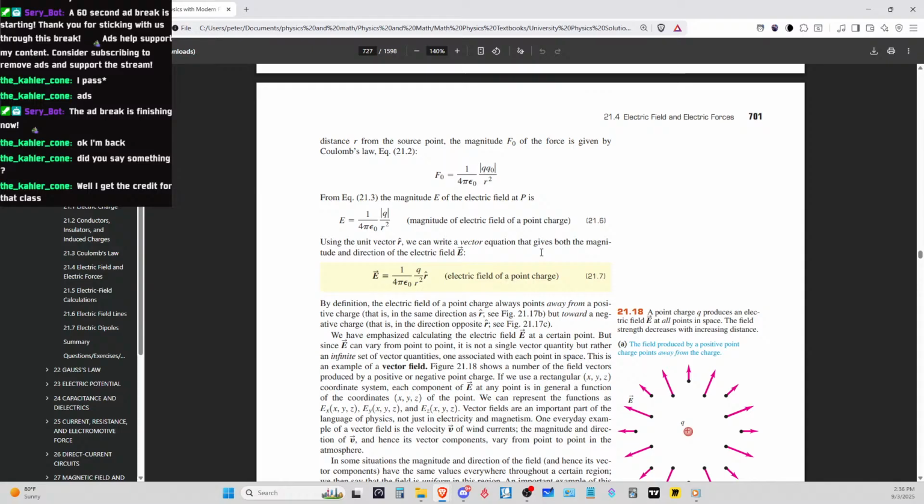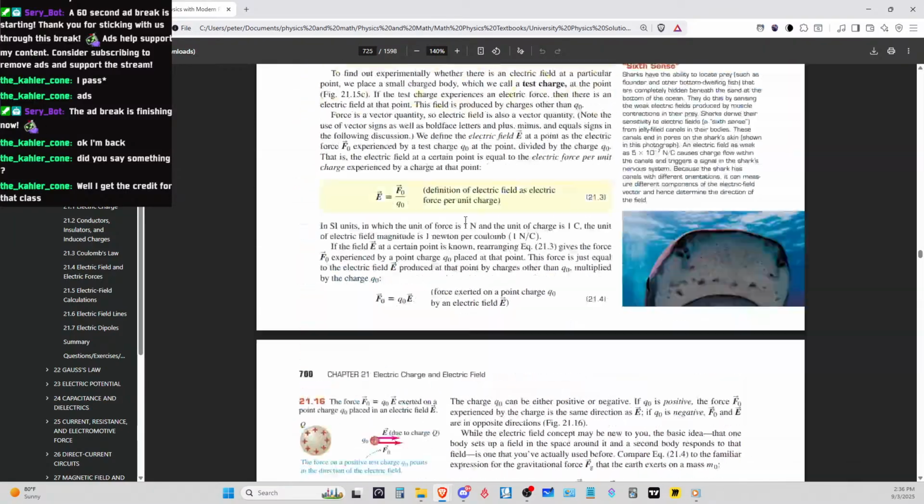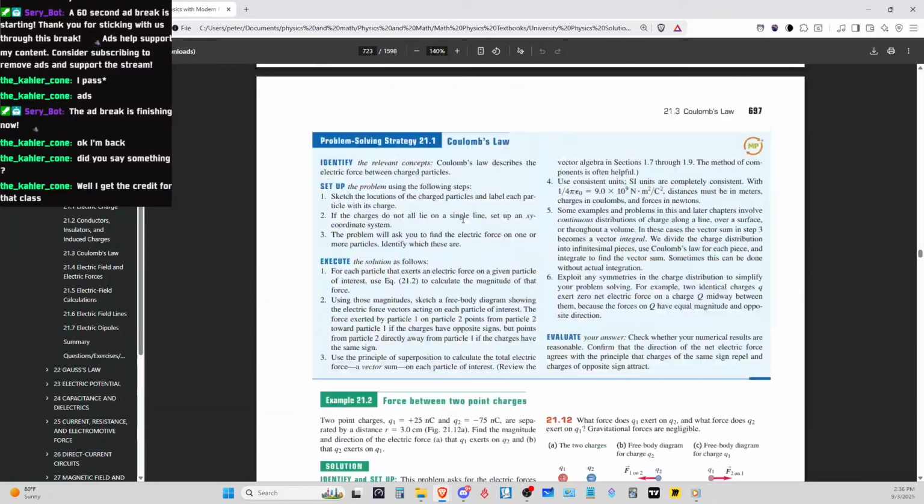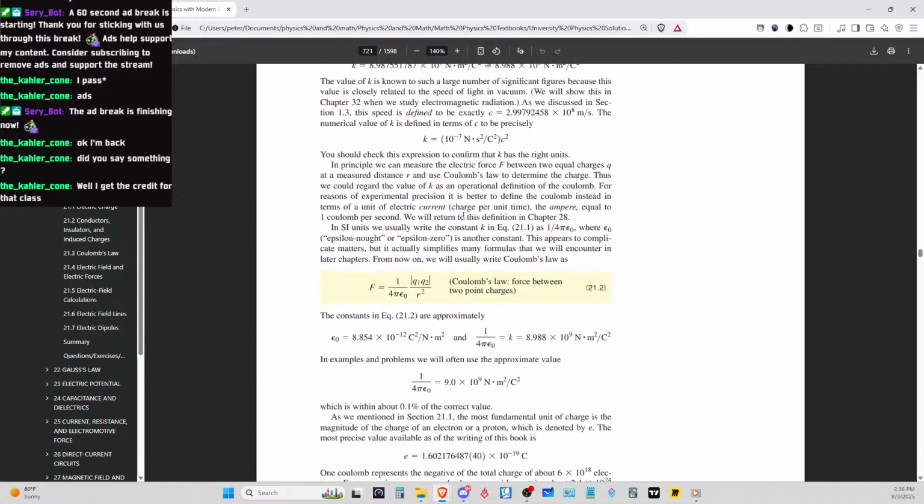Okay, here we go. So this is the electric field at a point charge. Oh, I forgot what this one is. I know it has to do with elasticity, right?